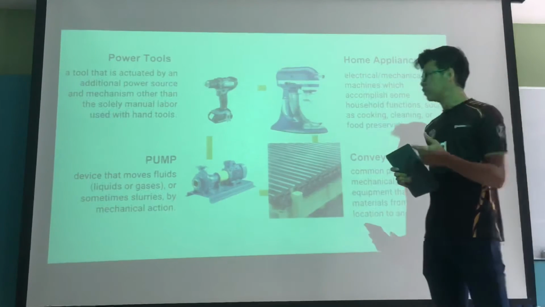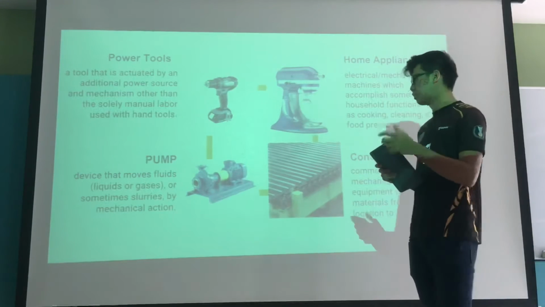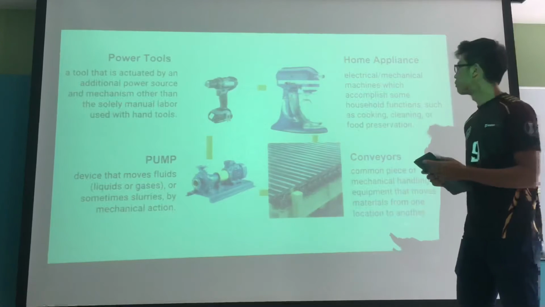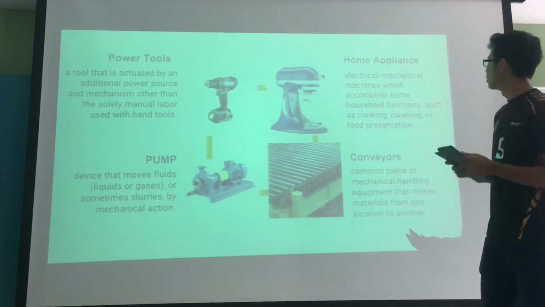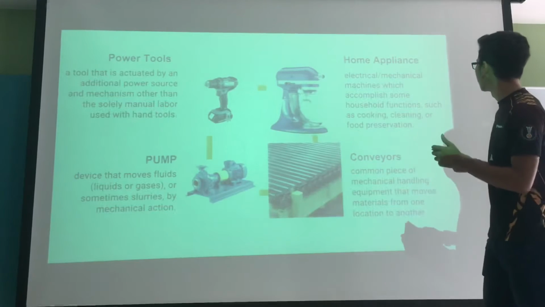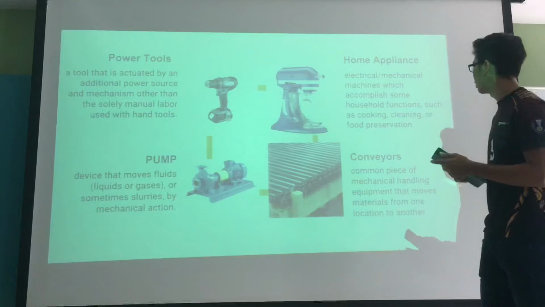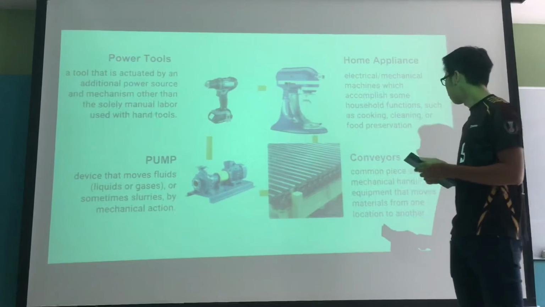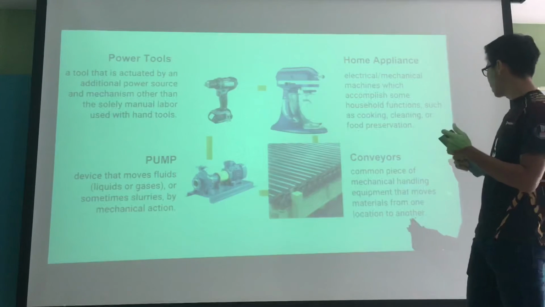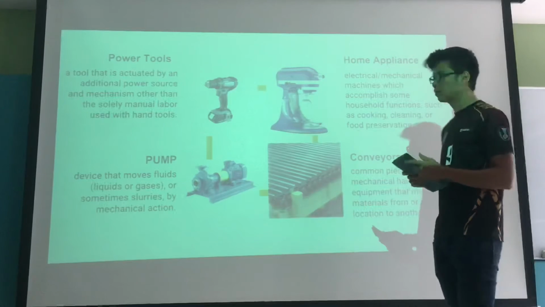Pump is the device that moves fluids, liquids or gas, or sometimes slurries by mechanical action. Home appliances. Most home appliances use AC motors, which accomplish household functions such as cooking, cleaning, or food preservation. Conveyors. A common piece of mechanical handling equipment that moves material from one location to another.